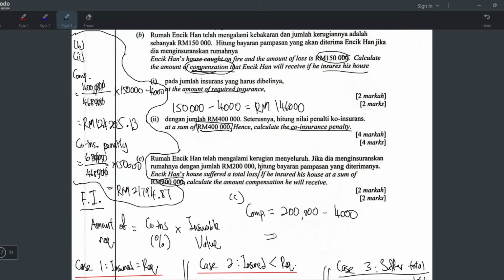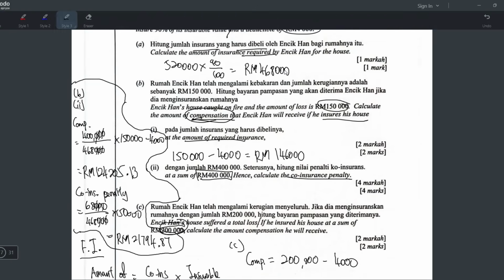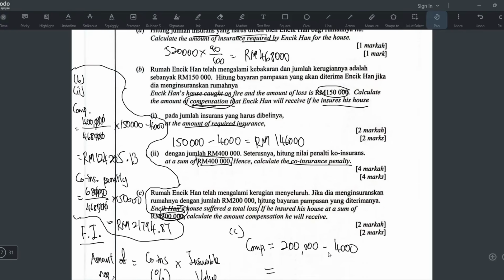Okay. Tak payah ambil 200,000 bahagi dengan 468,000. No. Tak payah. Itu kalau case tu baru kena. Ini kalau dia suffer total loss, you terus tolak deductible macam tu saja. Okay. You don't go and do ini bahagi dengan ini, lepas tu darab dengan loss minus. No. Kalau total loss kita tak buat macam ni.